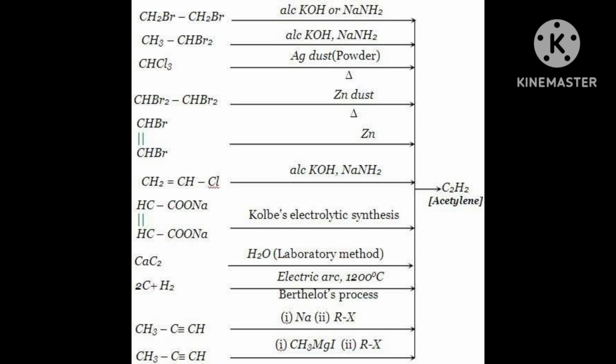This plus sodium, Na, what will happen? First it will form monosodium ethanide, or if acetylene then acetylide. In general it is called monosodium ethanide. Why the word mono here?